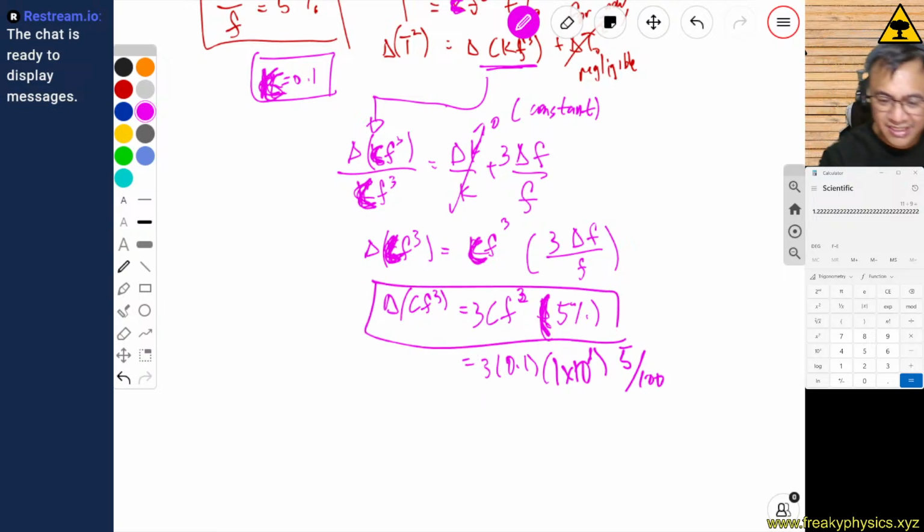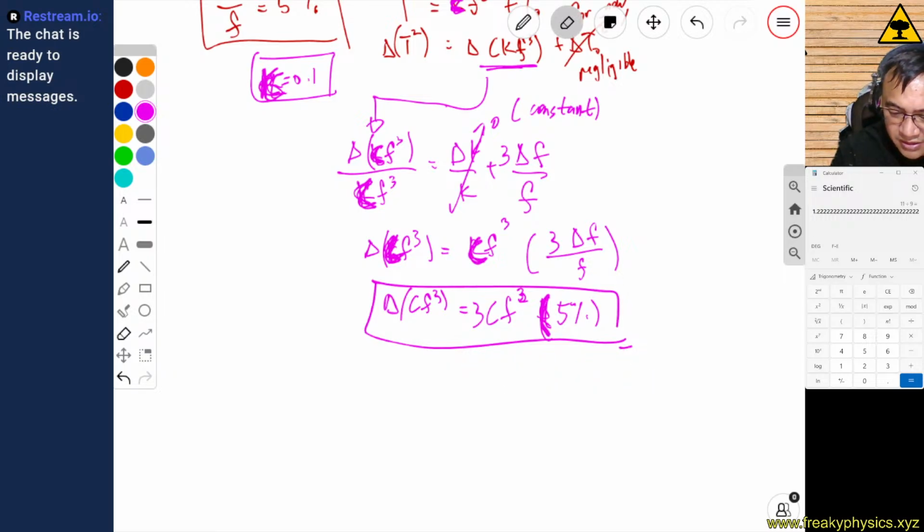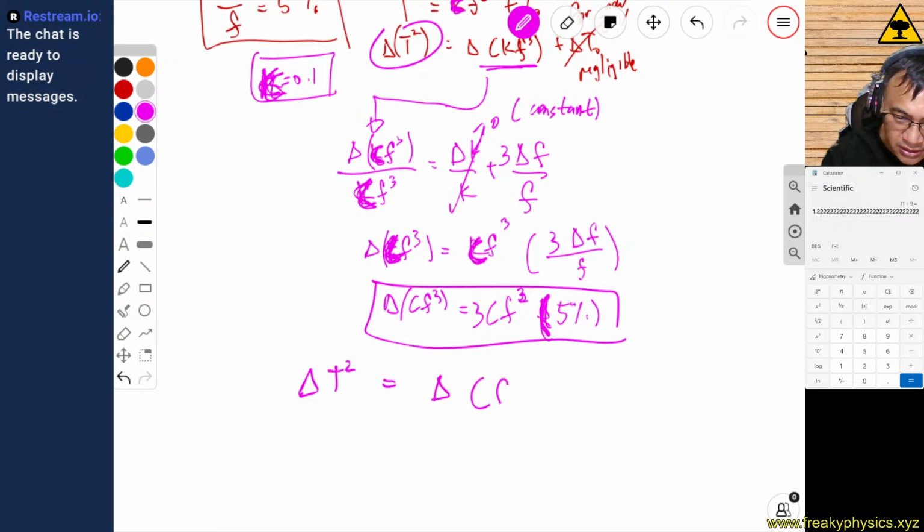Now, the next thing we're going to do to make this faster, instead of trying to solve for everything all at once, is I'm going to do this next part here. What is delta t squared? So remember that delta t squared is equal to delta of cf cubed. And now we have that. But we know one more thing here. So let's put it here on the side again.